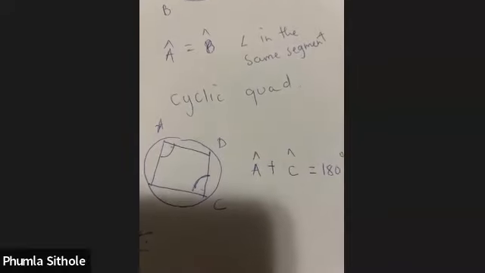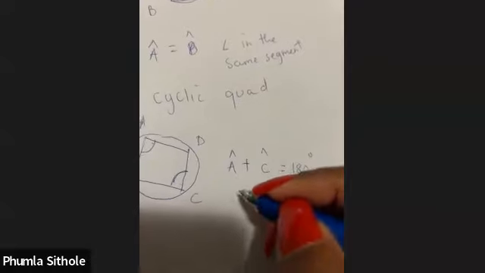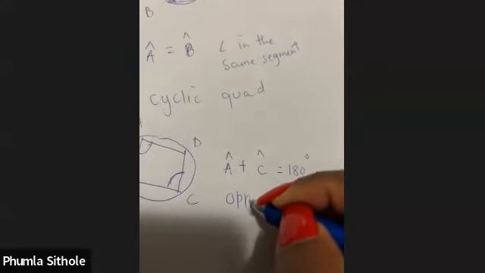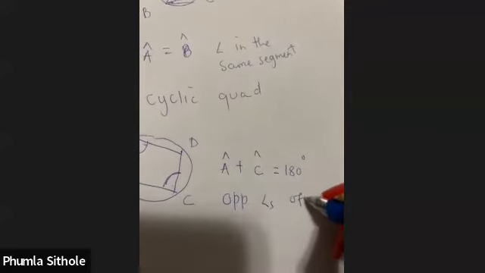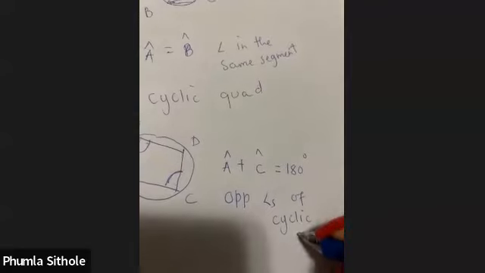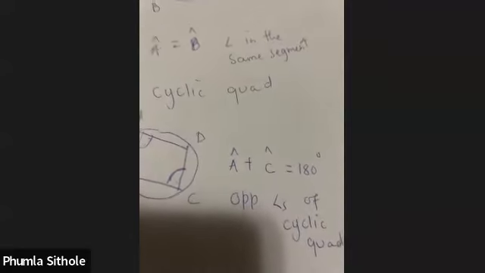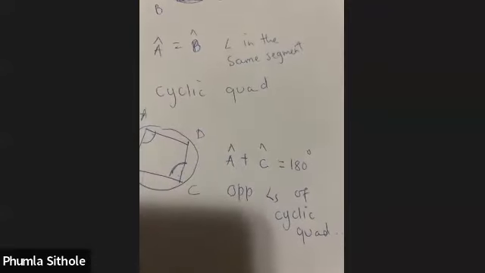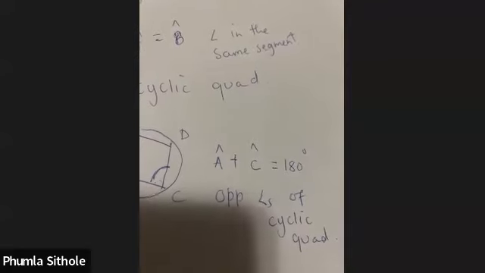So the reason for here, you would say opposite angles of a cyclic quad. You just say opposite angles of a cyclic quad. Okay. So let's move on to the next one. Please give me a second.